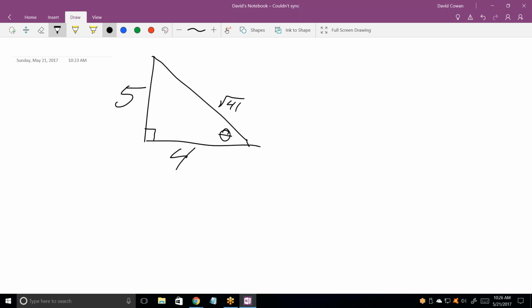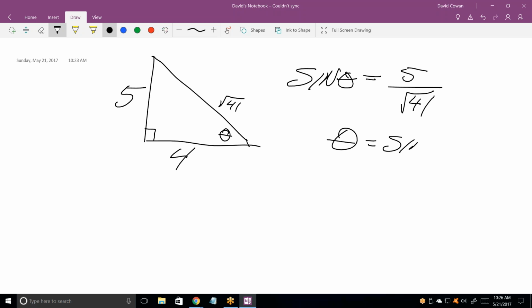By that I mean I could say the sine of theta equals 5 over root 41, which would make theta the inverse sine of 5 over root 41. And there's no real need to rationalize that, because notice we're coming up with theta.